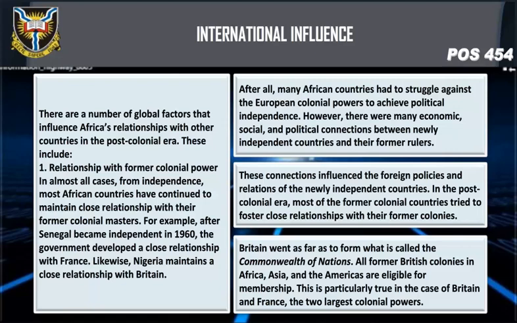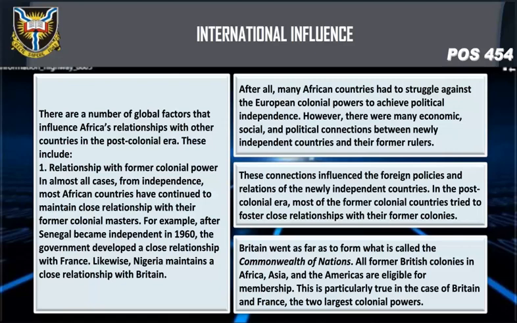After all, many African countries had to struggle against European colonial powers to achieve political independence. However, there were many economic, social, and political connections between newly independent countries and their former rulers. These connections influenced the foreign policies and relations of the newly independent countries.